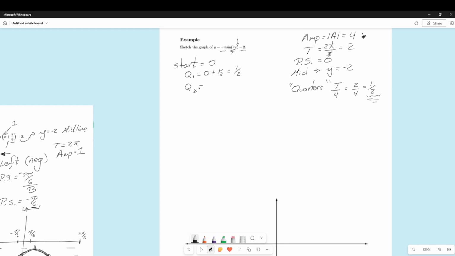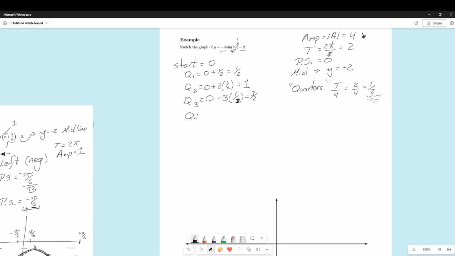Then our second quarter point is going to be another 1/2 out. So 0 plus 2 halves, or at 1. Our third quarter point is going to be at our starting value plus 3 of our quarter distances, or 3/2.